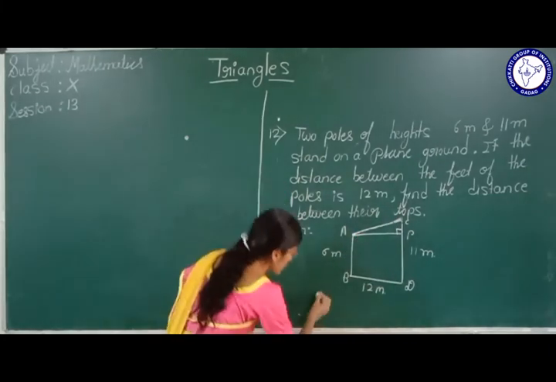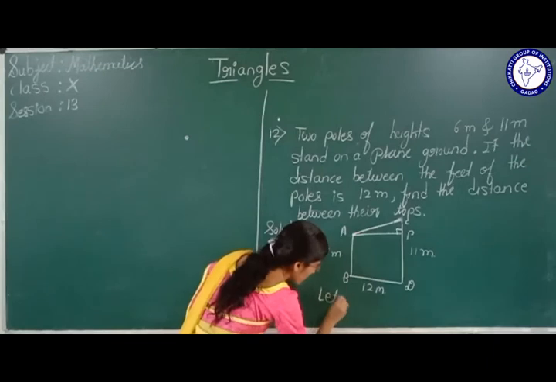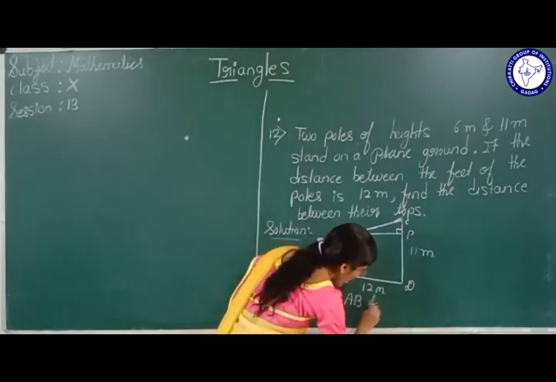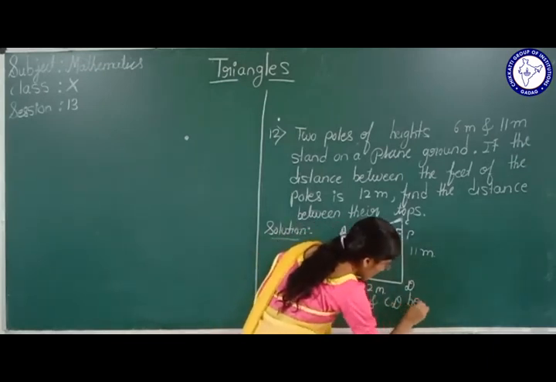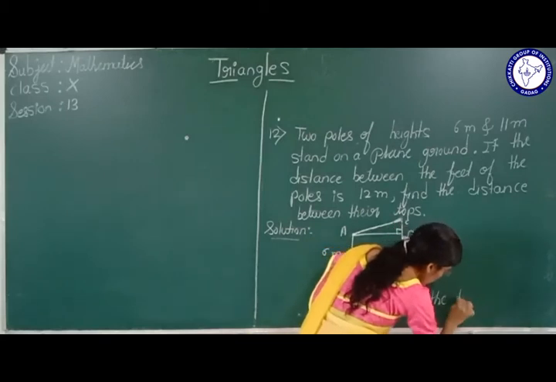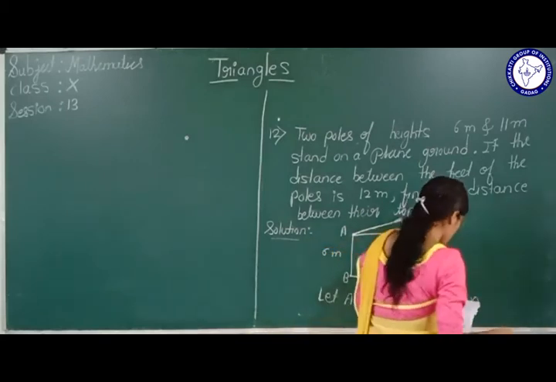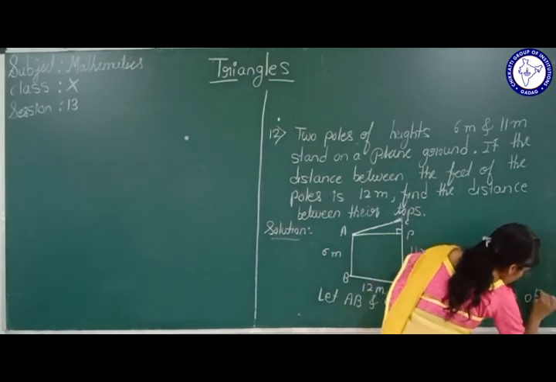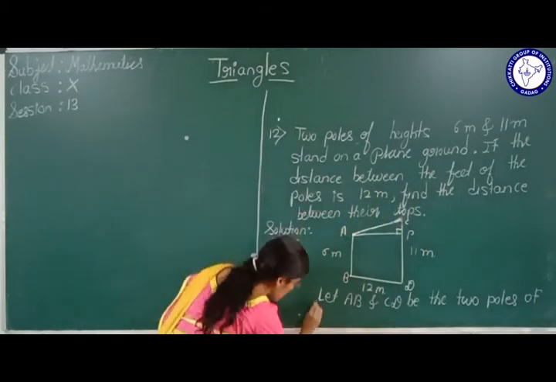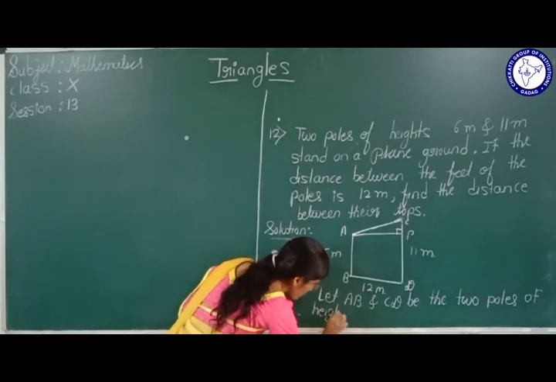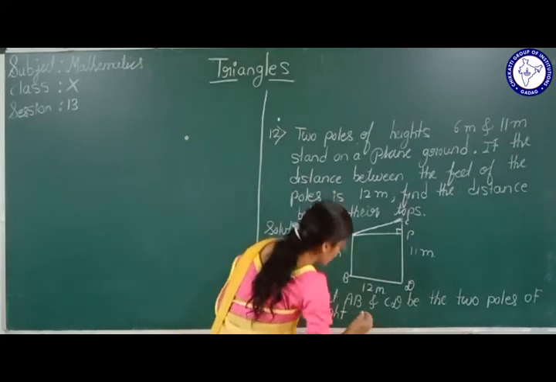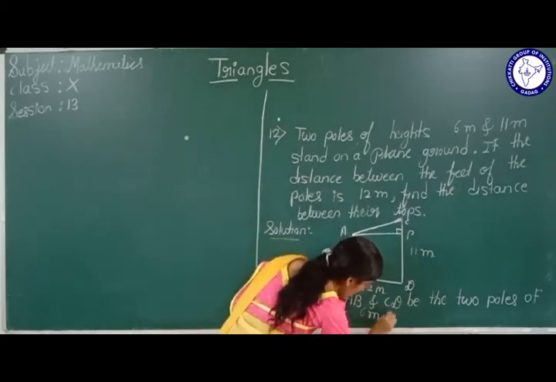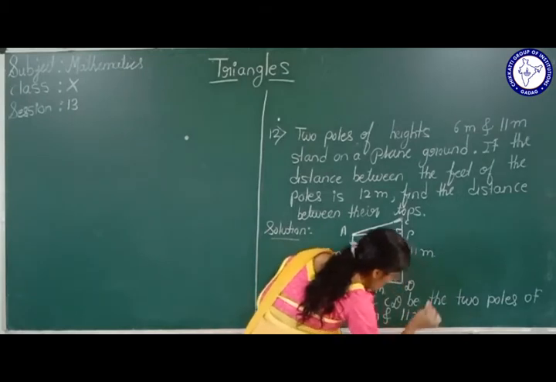Now we will write, let AB and CD be the two poles of height 6 meter and 11 meter.